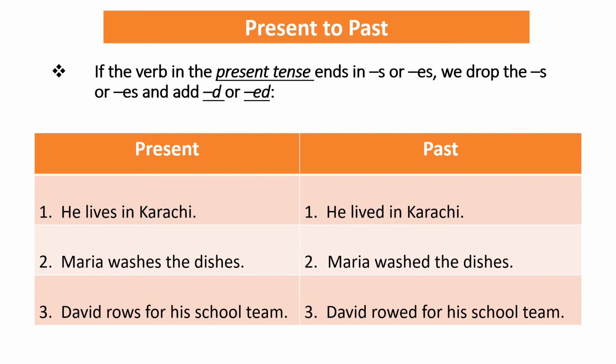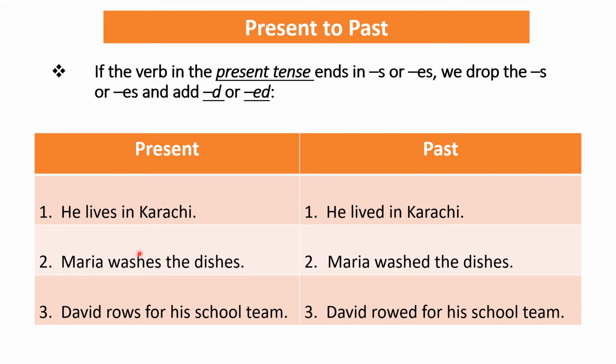If the verb in the present tense ends in S or ES, that means, I will show you where it ends with an S. Here this is lives and it's ending with an ES. And this is also washes. So this is an example of a verb which is ending with an ES.